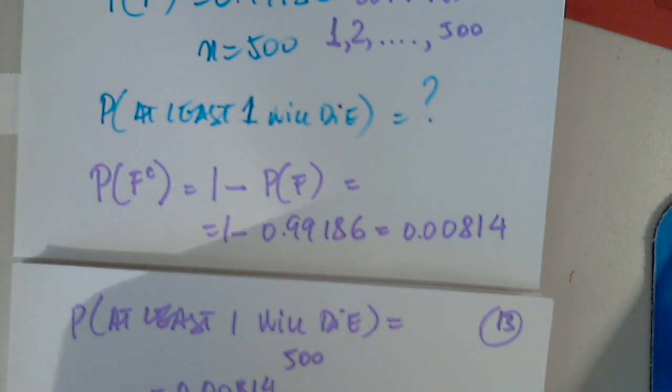And I'm afraid that the calculator cannot give me that number, because the number is so small. So the probability that at least one out of 500 randomly selected 60-year-old females will die during the course of the year.